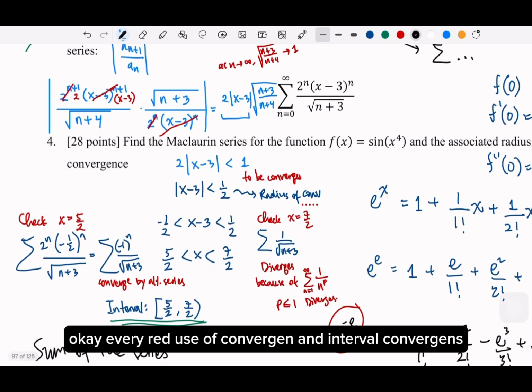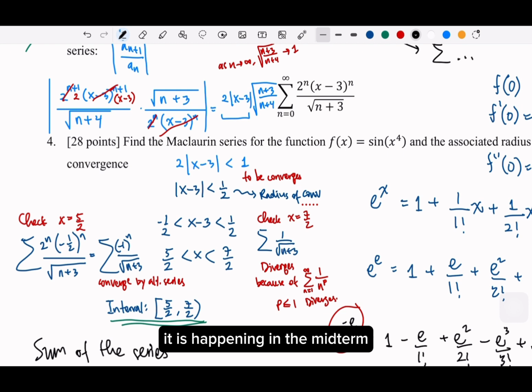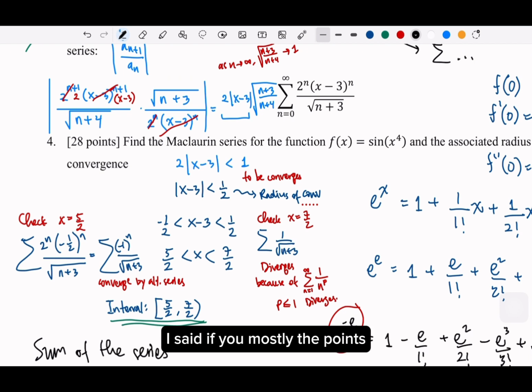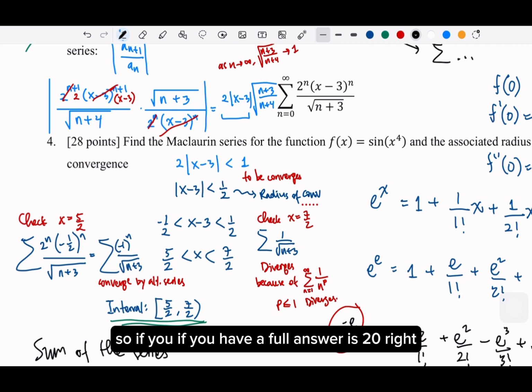For every radius of convergence and interval of convergence, if it is on the midterm, I'm expecting you to get the correct answer, at least the process. If you have maybe a miscalculation, it's still okay, I still give you mostly the points. If the full answer is 20 but your process is right, you get at least 15 to 16.